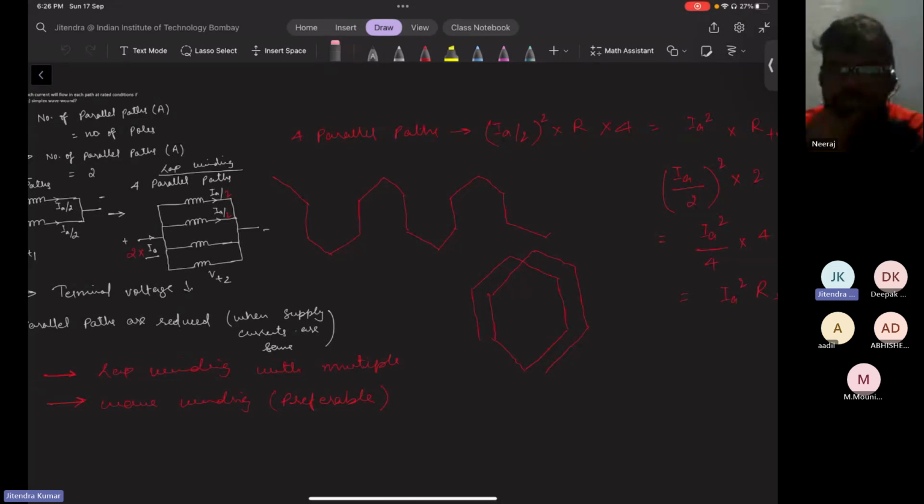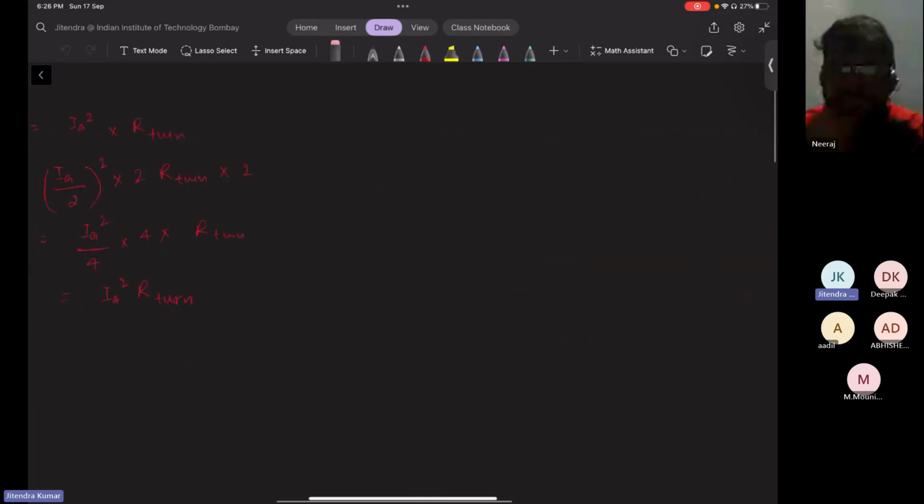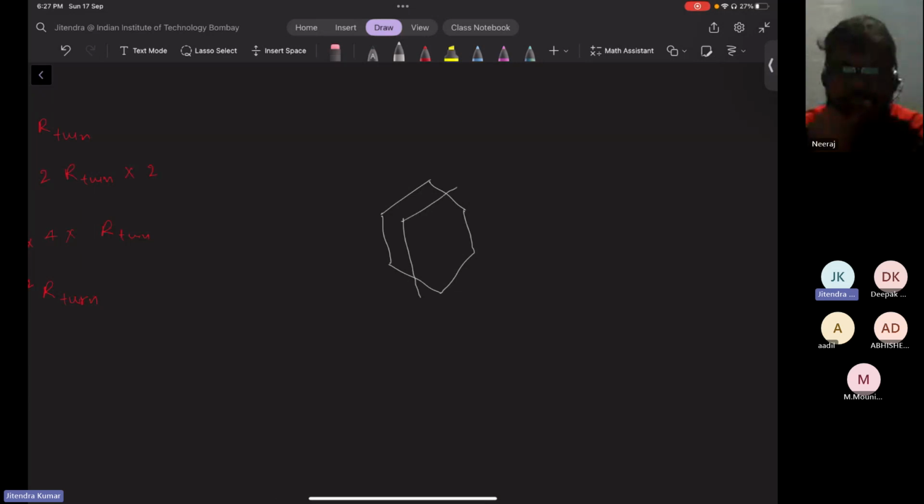It has a certain kind of shape. Let's suppose you have this kind of two parallel paths.